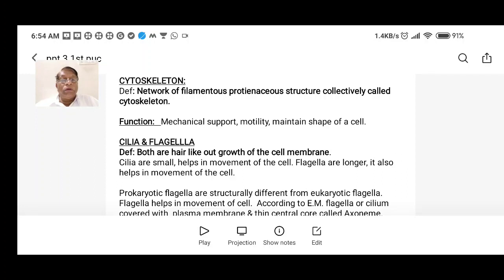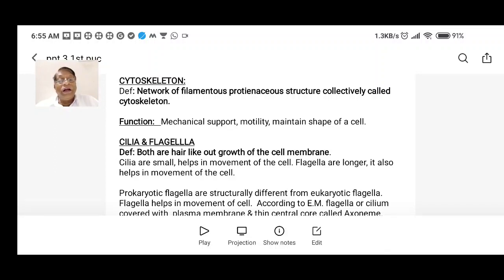Both, that is cilia and flagella, are hair-like outgrowths of the cell membrane.